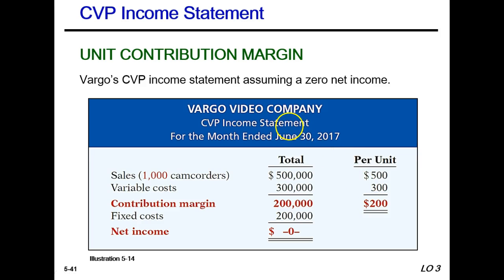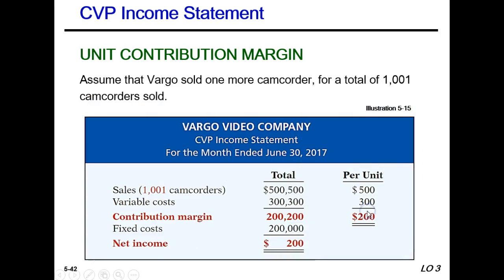Now, if we assume zero net income, we determine how many units we need to produce or sell to get zero net income. We need to sell 1,000 units just to break even. Okay? So we need 1,000 units to cover our fixed cost of $200,000 because our contribution margin's $200 per unit.